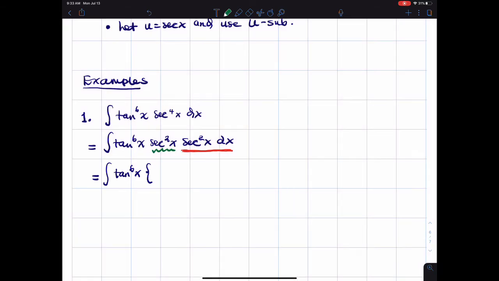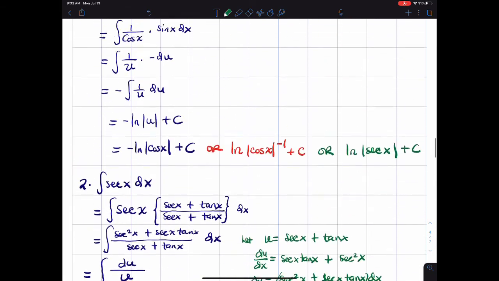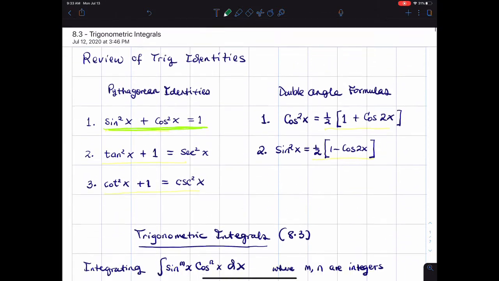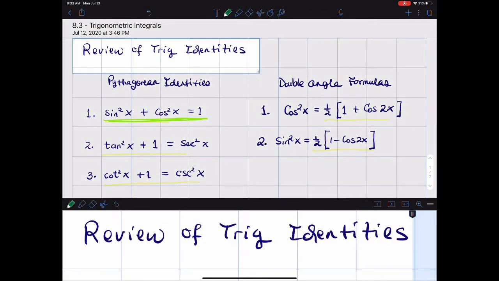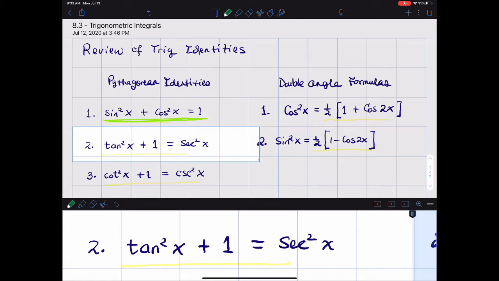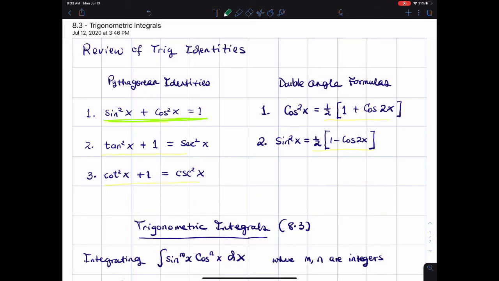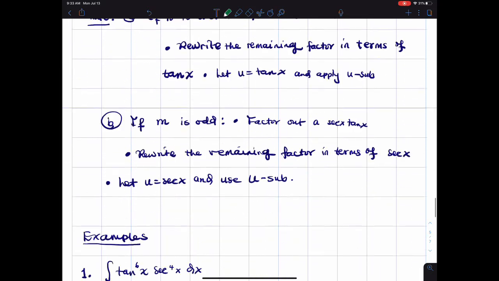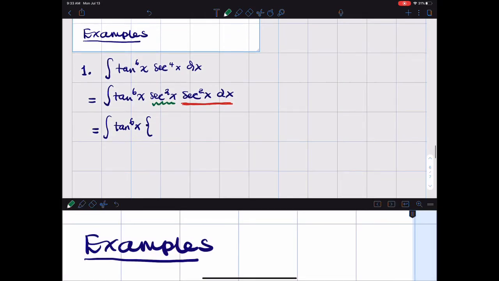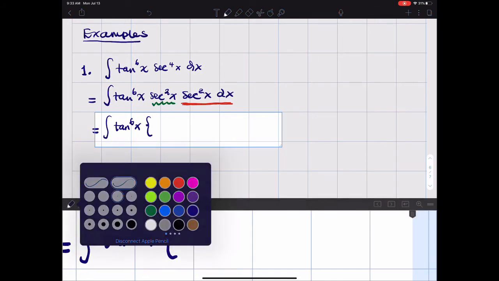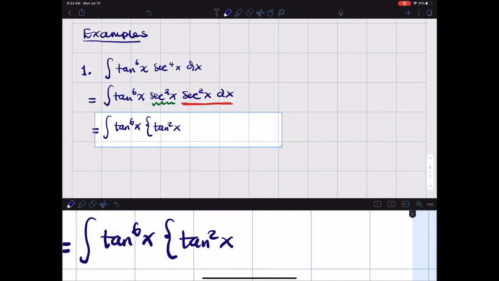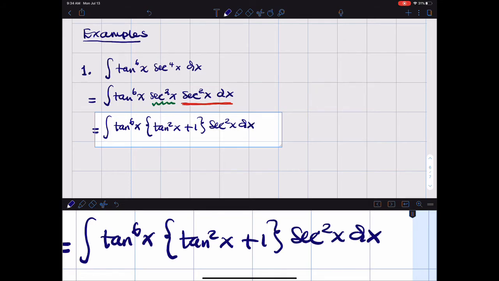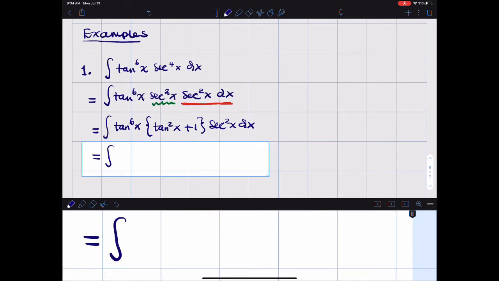If you think back to the previous lecture, we looked at several trig identities, and one of them was that tangent squared x plus 1 is secant squared x. So instead of secant squared x, we just put tangent squared x plus 1 there, and we still save this.